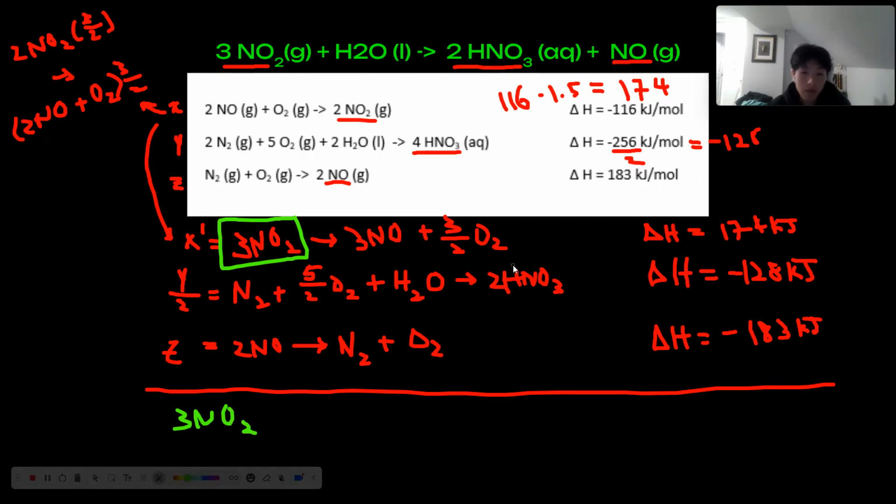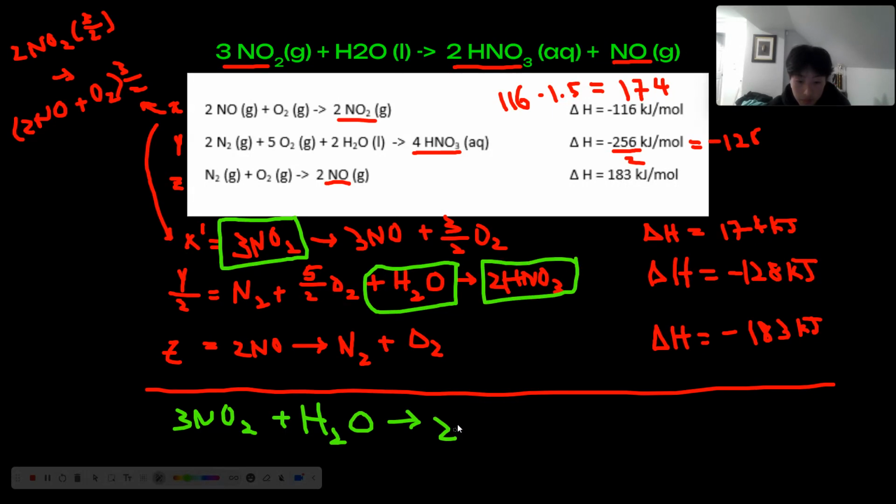Then we have our H2O right here, plus H2O yields the 2HNO3, which we have right here, and then it should be plus NO.